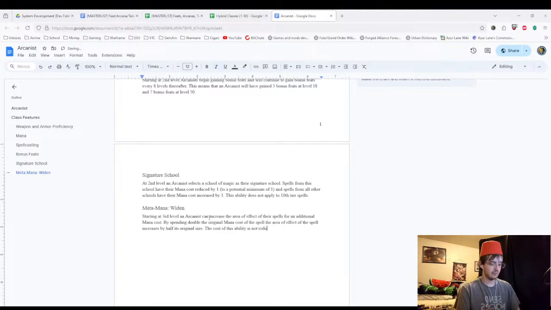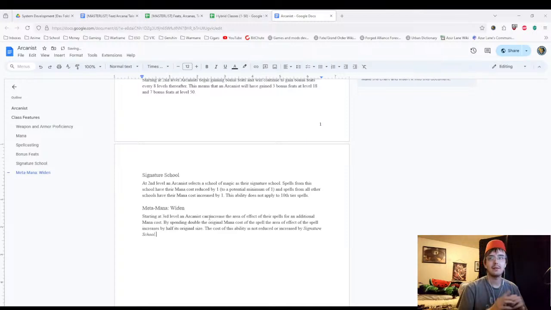How about that? Cost of this ability is not reduced or increased by. Oh shit! I accidentally did a superscript.